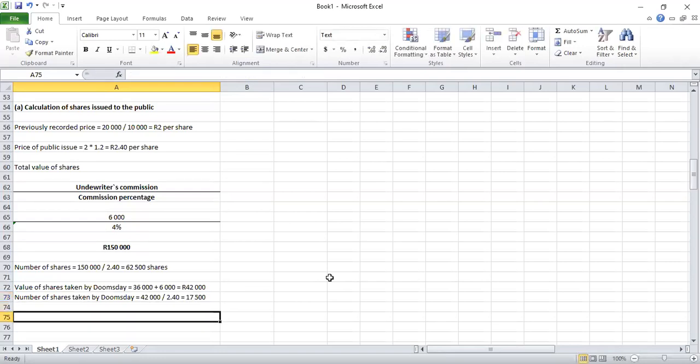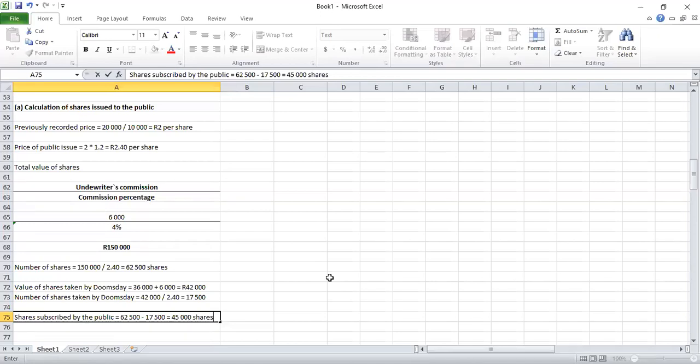That means the shares subscribed by the public: remember, we're offering 62,500. So if Doomsday took up 17,500, the general public only subscribed for 45,000 shares.